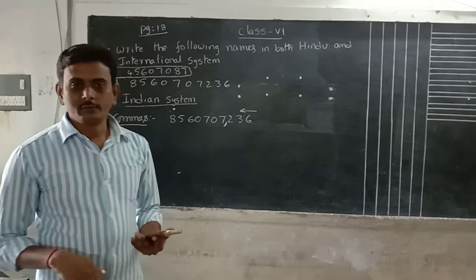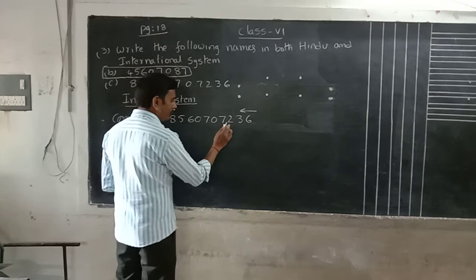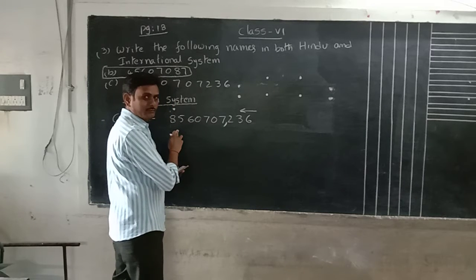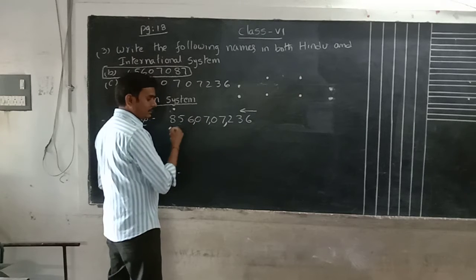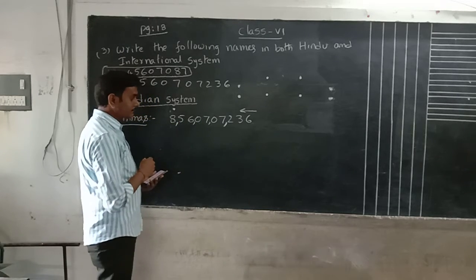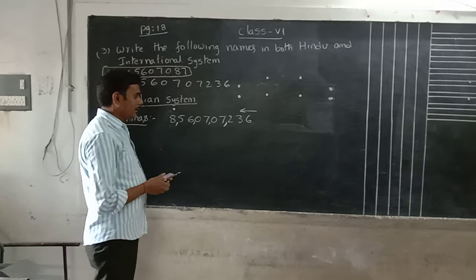Later, after every 2 digits we place a comma. 1, 2, comma. 1, 2, comma. 1, 2, comma.